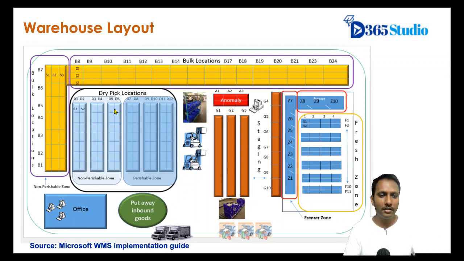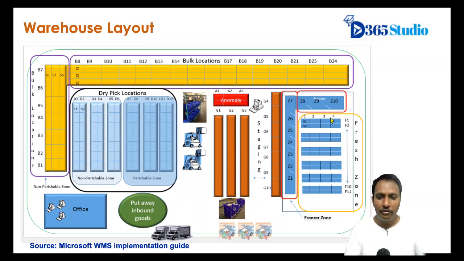In this warehouse layout, you see there are dry pick locations, the perishable zone and the non-perishable zone. They designated some locations as dry pick locations. Any products that are dry in nature have to go into these dry picking locations. And again, they have perishable and non-perishable products within the dry pick locations.